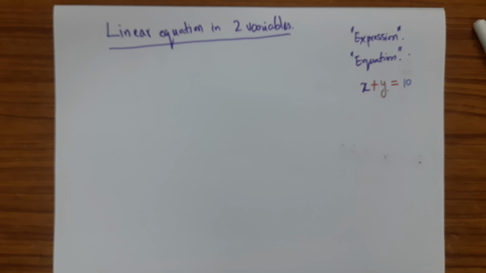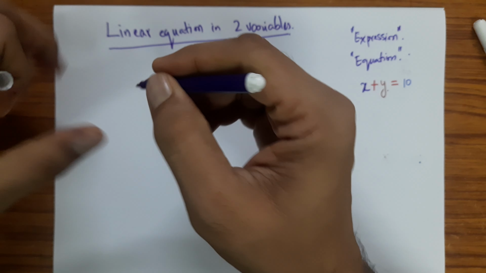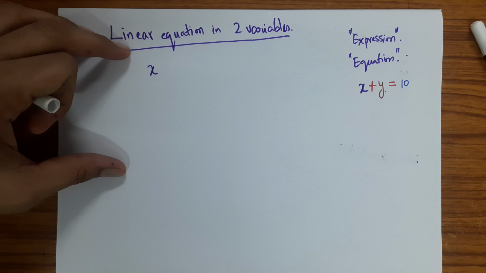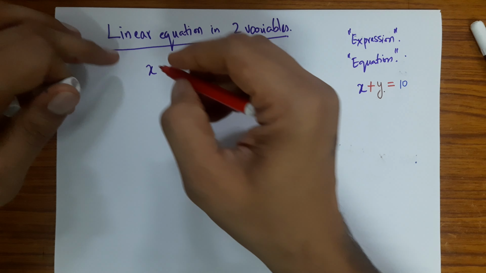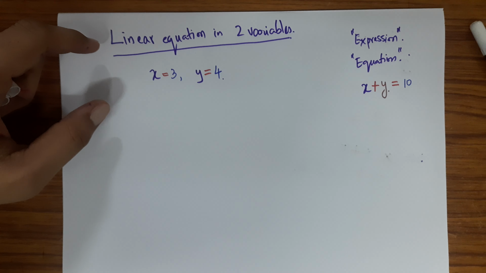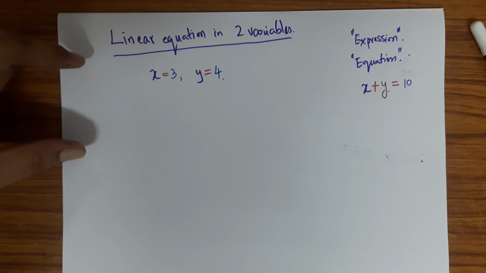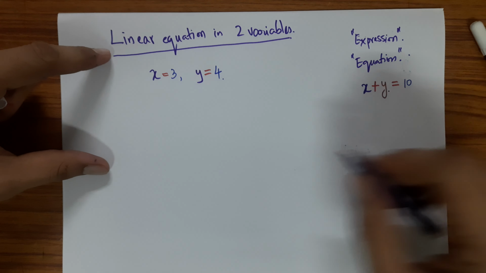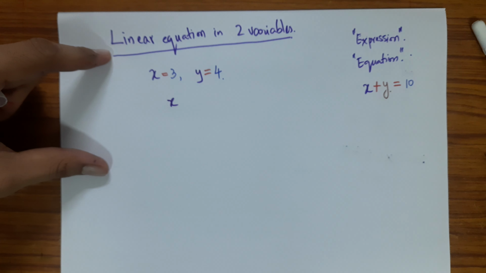So you say, okay, I had this variable x. I'm going to put the variable x as a value of 3, and let's say y as a value of 4. Then what does the expression x plus y become?